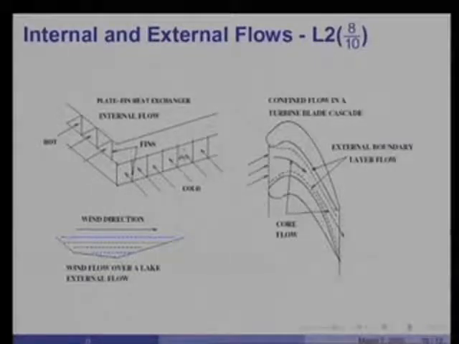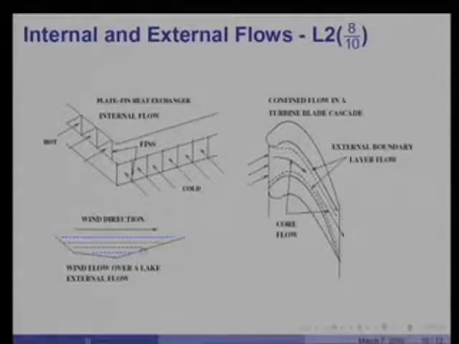I show this because normally our understanding of a duct is that it's a circular tube, as it would occur in shell and tube heat exchangers. But you can get ducts of a variety of shapes, triangular or square or rectangular or elliptical and so forth. Such flows are called internal flows because they are bounded on all sides by a solid wall.